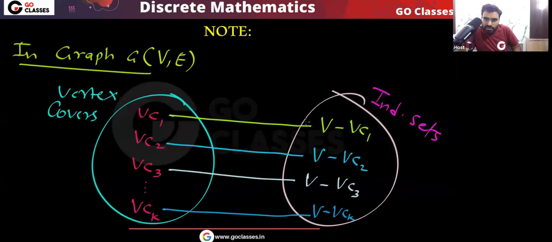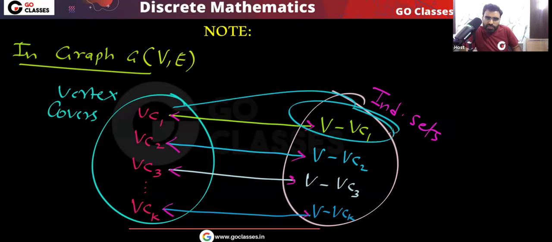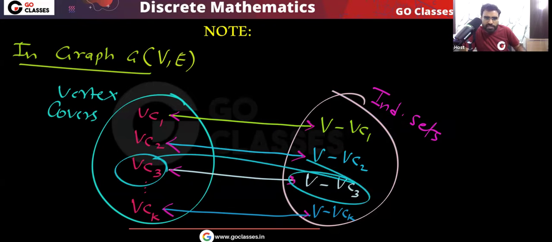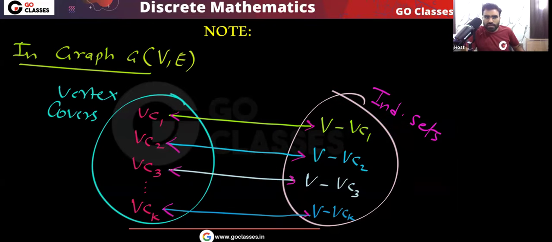Remember, this is two ways. If you have any independent set, then there is also a unique vertex cover associated with it. So it is a bijection. If you take any independent set, there is a unique vertex cover associated with it, and for any vertex cover, there is a unique independent set associated with it. So overall, I can say that the number of vertex covers is the same as the number of independent sets. Very simple. Agree?